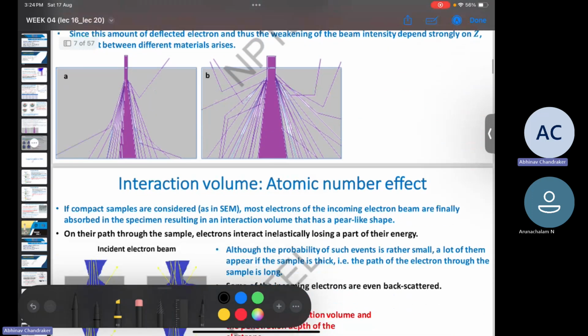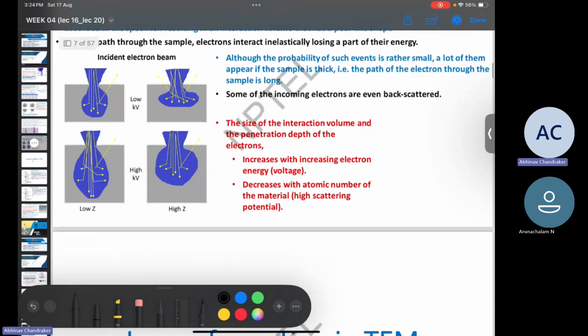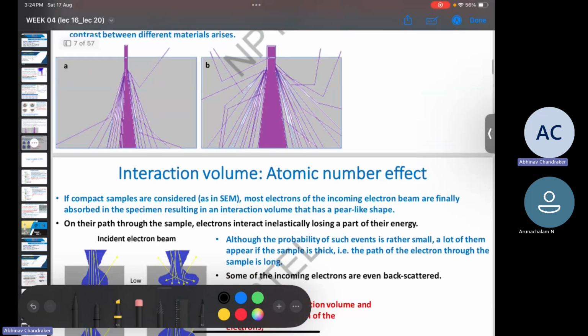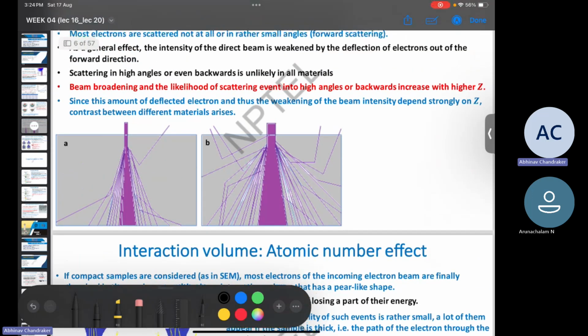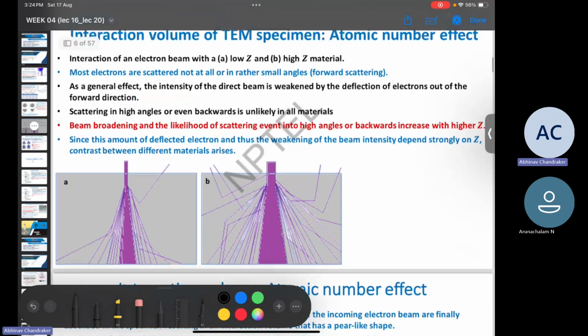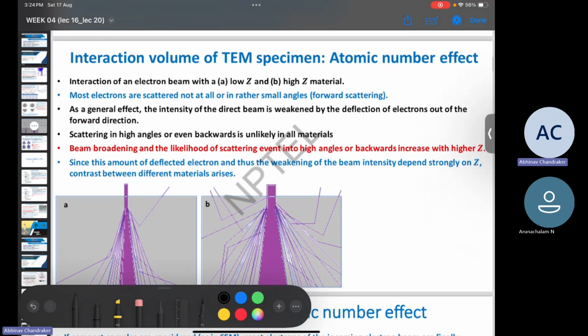And since the interaction of negative electrons with the positive nucleus can lead to Coulombic effects, as the atomic number increases, the interaction of the electrons will be much stronger with the nuclei of the atoms which are there in the material. And as a result, we can expect that there will be more scattering of electrons.